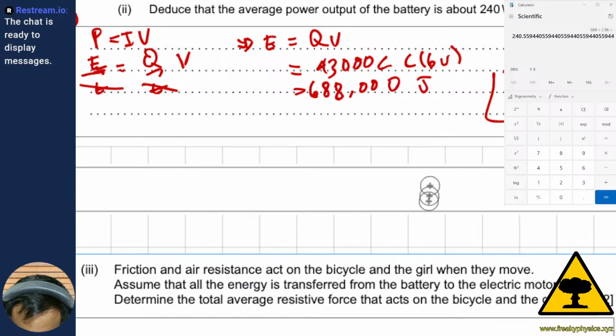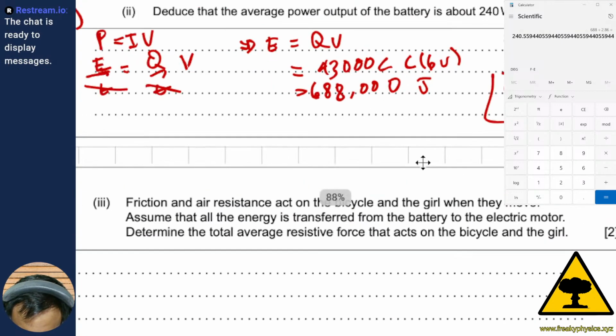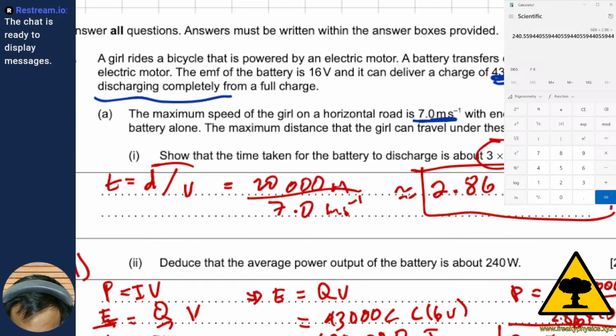Now, the idea here is, is it given that the girl is moving at a constant speed? No, it's not. Okay, we are given a distance though, right?